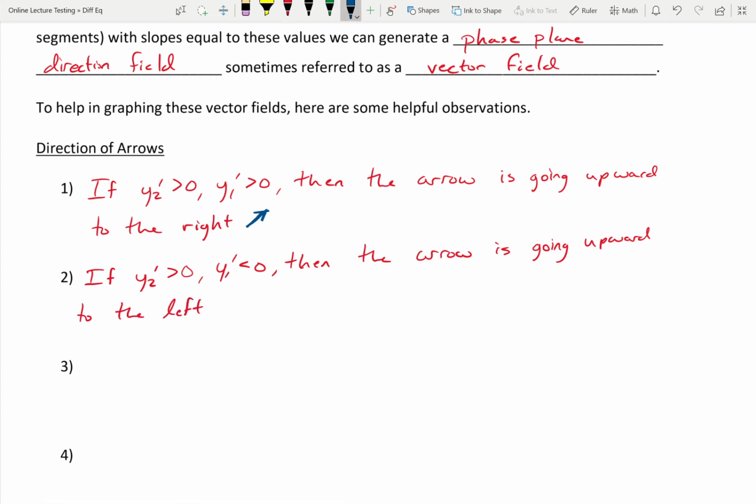When you draw that arrow, it's going up and to the left, but notice what the slope is. The slope of just the line segment itself is negative. So we still are maintaining that value.